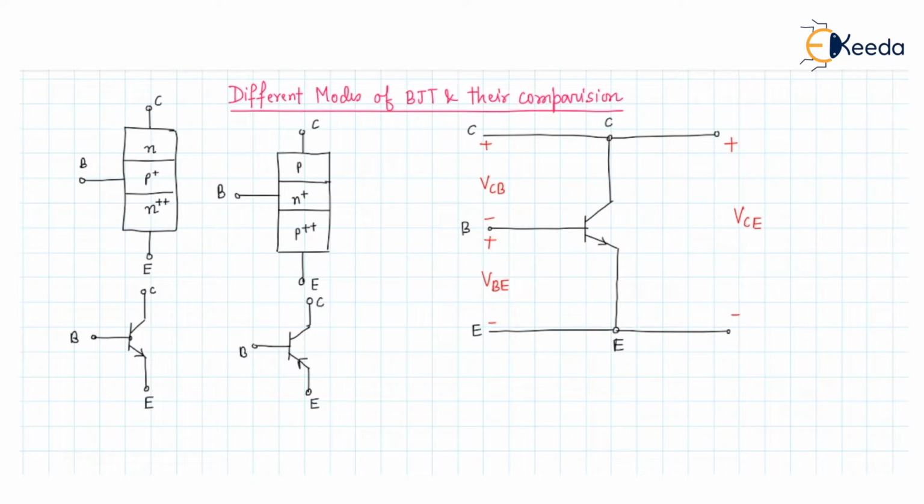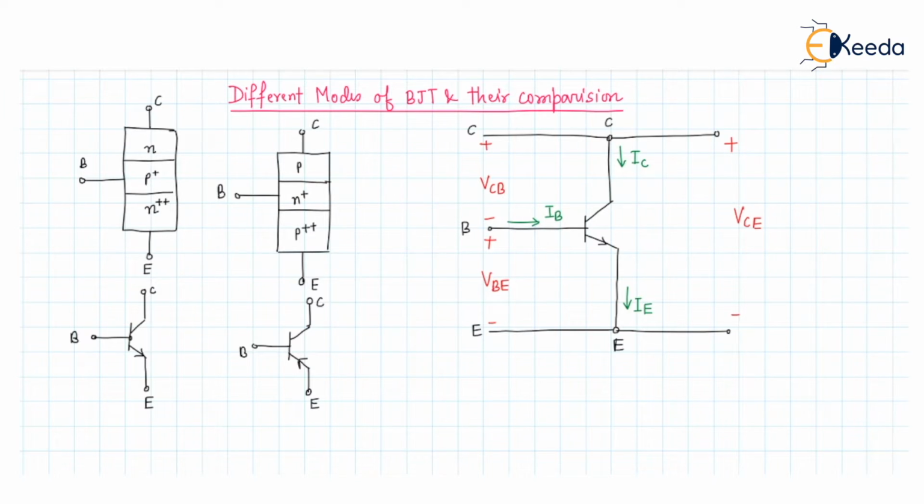According to the current direction, the base current IB will be in the inward direction, IC will be in the inward direction, and similarly IE will be in the outward direction for the NPN transistor.